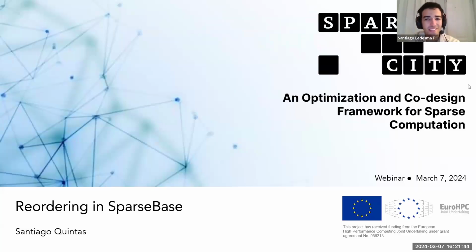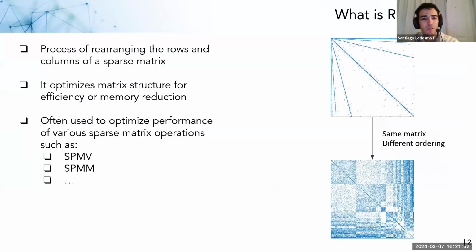So, hello everyone, I am Santiago, and I will talk a bit about the reordering that is available in SparseBase and how you can use it. So, first of all, going a bit into what is reordering. It is the process of changing the order of rows and columns of our matrix in order to achieve a better structure, to achieve better efficiency, or even memory reduction.